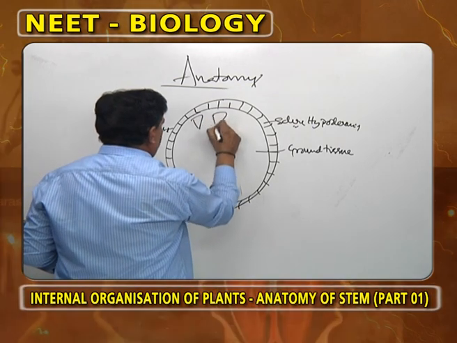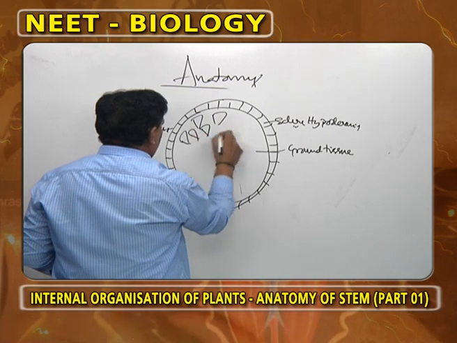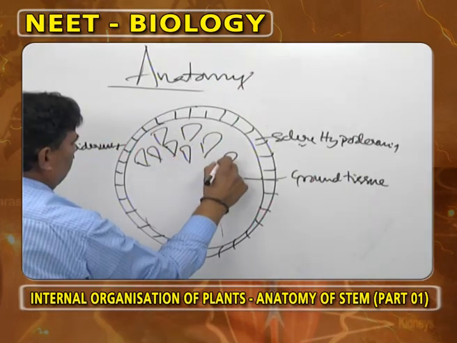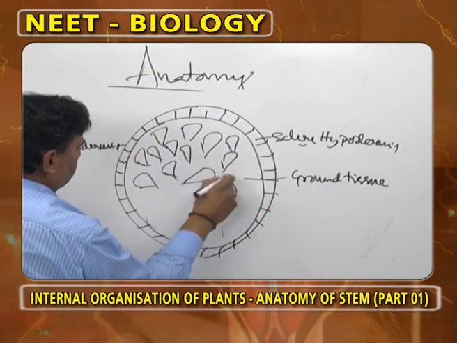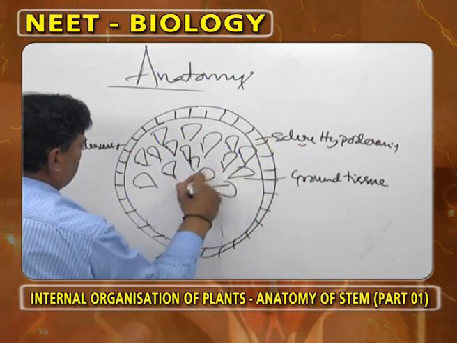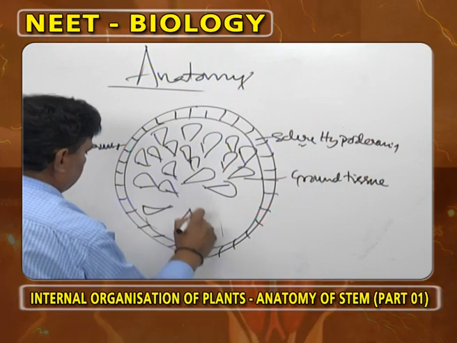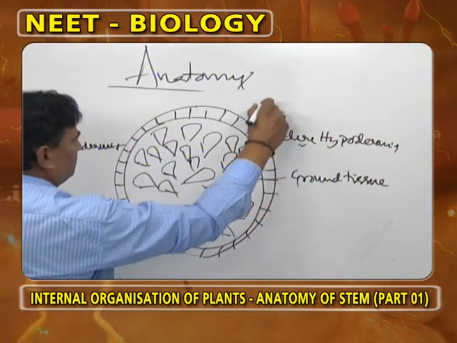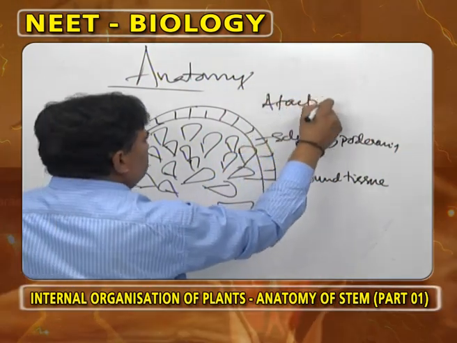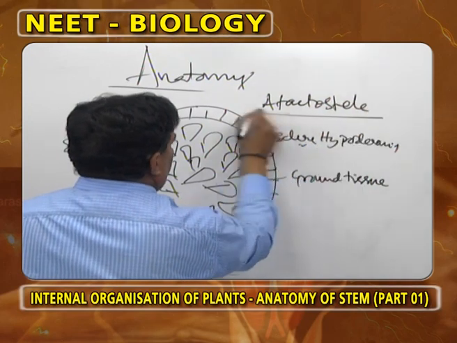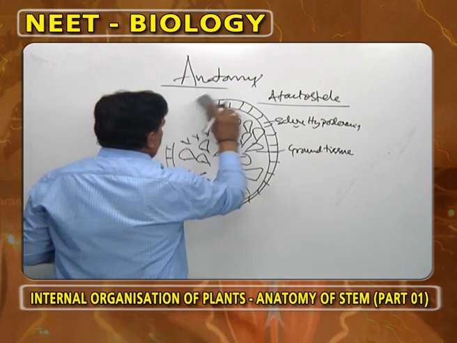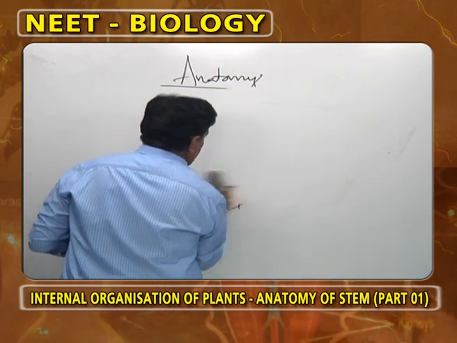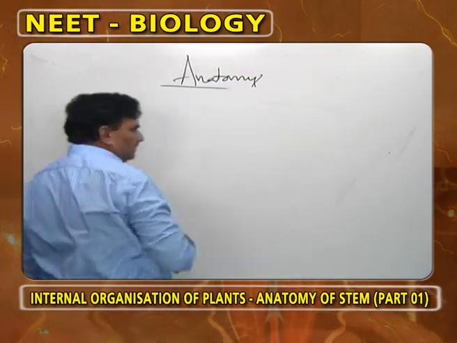In the ground tissue, numerous vascular bundles are irregularly scattered. The peripheral vascular bundles are large in size and the central vascular bundles are small in size. Numerous scattered vascular bundles are popularly called atactostele, an advanced character in the monocot stem.